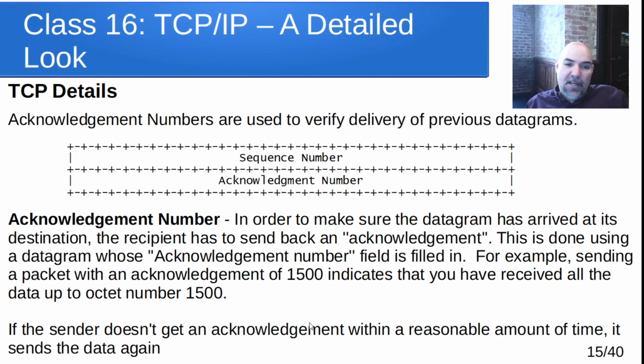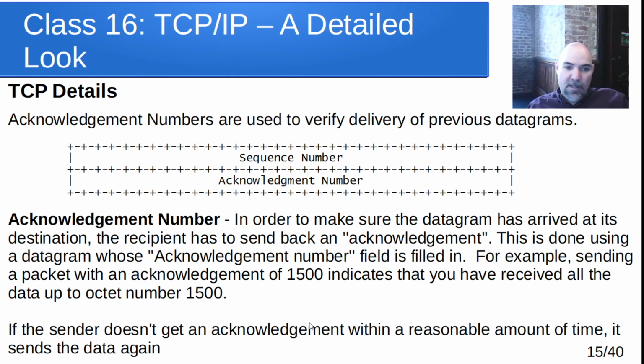Also notice there's that acknowledgement number that's used to verify delivery of previous datagrams, and in that case the acknowledgement number is used on an acknowledgement packet that gets sent back. So when a packet comes in that has the acknowledgement number field filled in, that's acknowledging a packet that you've received all the data up to that number.